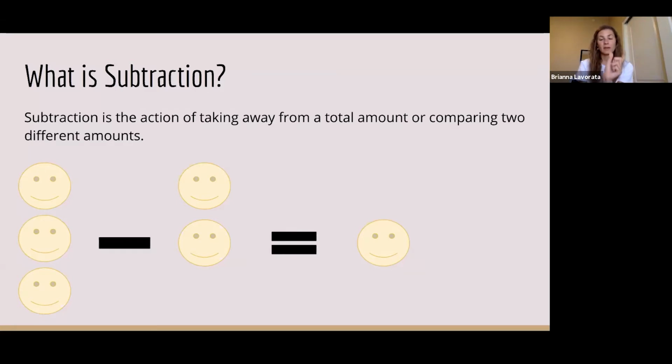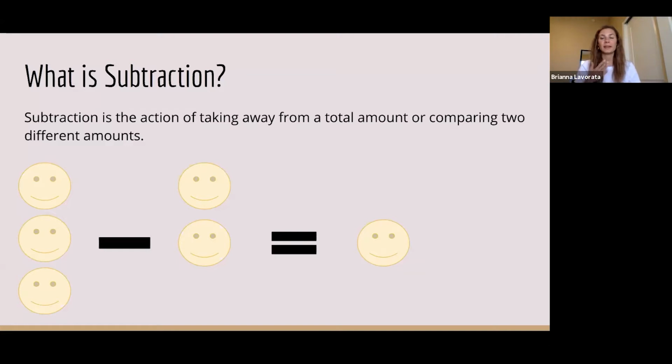That symbol in the middle is going to be a subtraction symbol. And then we have 2 smiley faces. So the way that we're going to read this problem is 3 smiley faces minus 2 smiley faces. The next symbol is going to be an equal sign, so equals 1 smiley face.